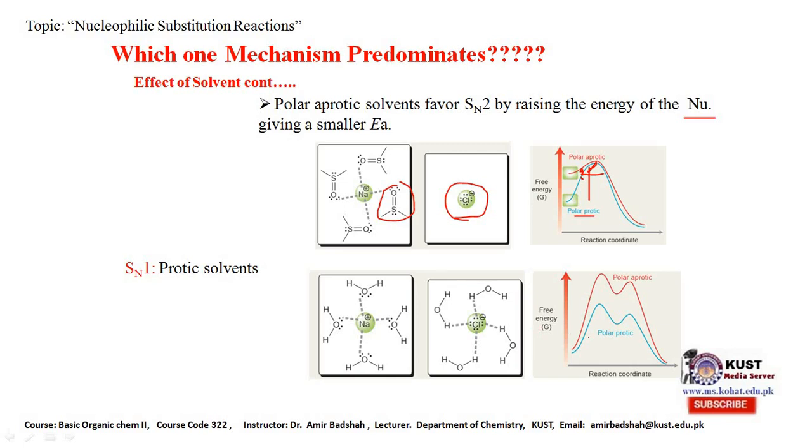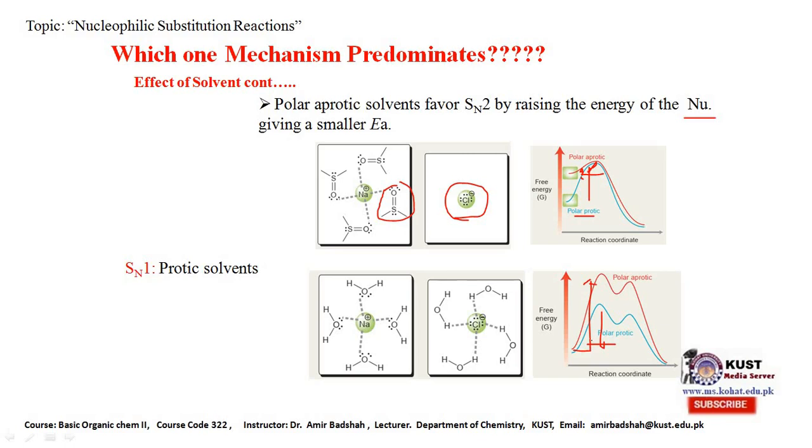If it is stabilized, then it will pass easily. Here the activation energy is less compared to that. But if we use a polar aprotic solvent, then the activation energy is so much higher.